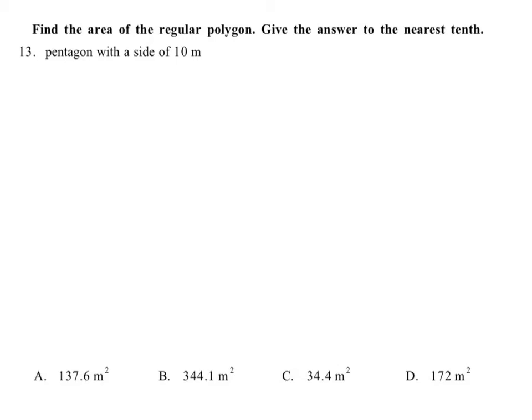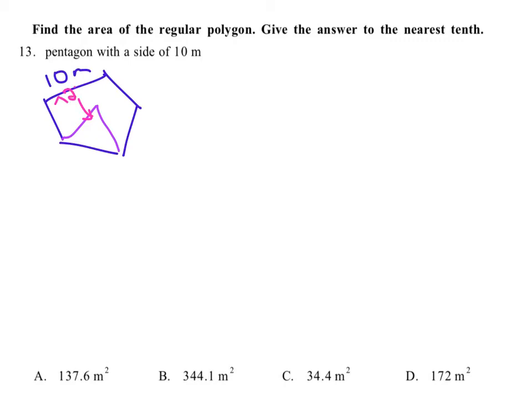Okay, pentagon with a side of 10. I'm going to sketch this out. And we know it's got a side of 10 meters. And if we took this center and we did that, we would find that that 360 degrees gets broken up, and this is a 72-degree angle in there.